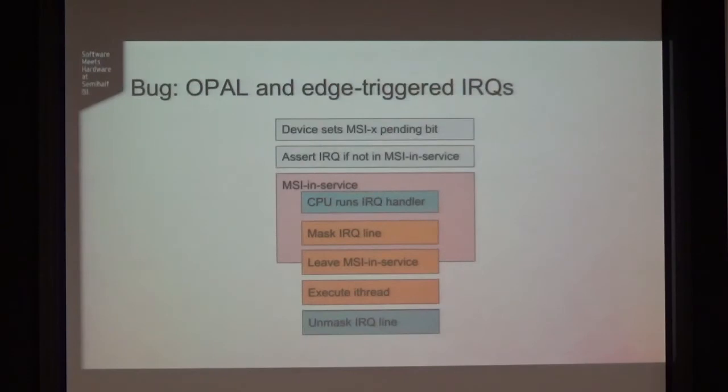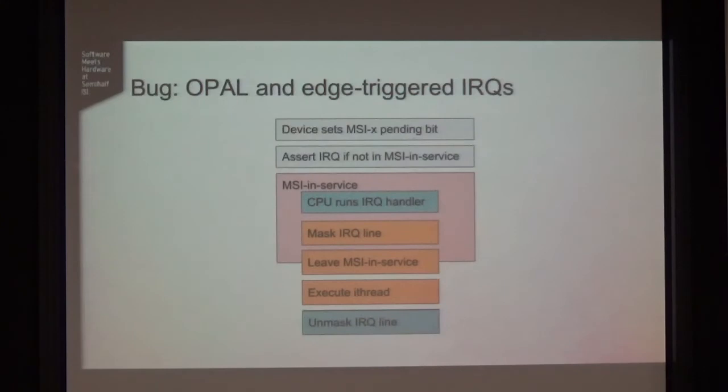Let's assume we have a device which wants to send an MSI-X interrupt back to the host. So the first thing it does, it sends a special PCI packet which asserts the MSI-X pending bit on the PCIe host controller. Then the PCIe host controller puts itself in a state called MSI in service.